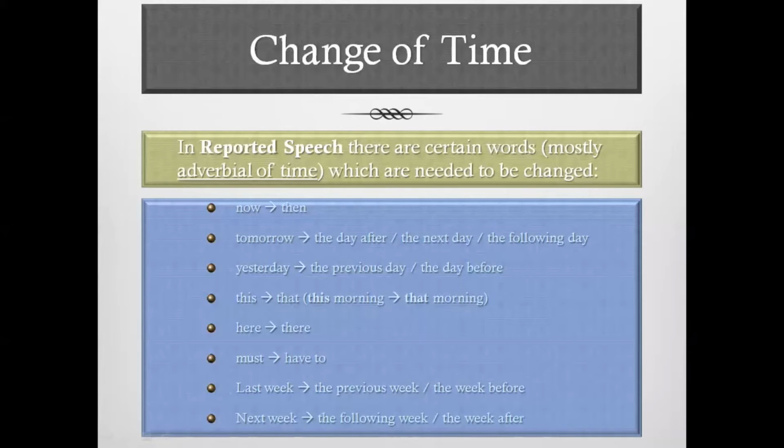Yesterday becomes the previous day or the day before. This becomes that. So if you say this morning, it becomes that morning. Here becomes there. And then must becomes have to. Last week becomes the previous week or the week before. Next week becomes the following week or the week after.